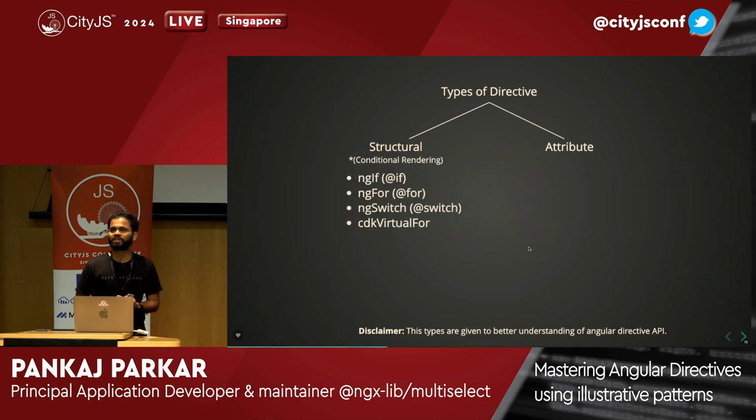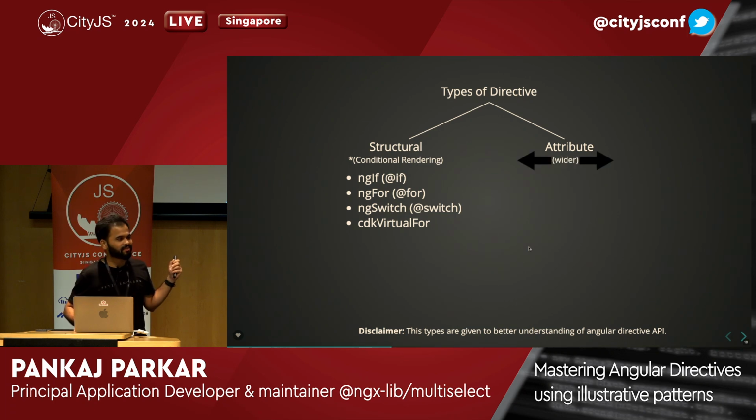Structural directives are all about conditional rendering: if, switch, for and whatnot. Currently you can use the directives Angular already provides, and they almost cover all of the use cases. The next type is the attribute directive, and even the documentation says the same thing: the attribute directive is very vast. It covers a lot of use cases and is very difficult to understand.